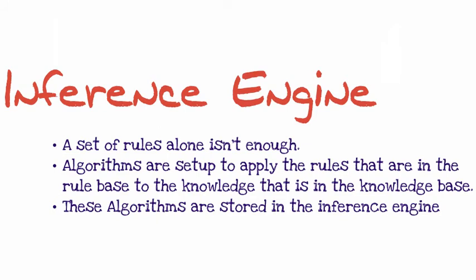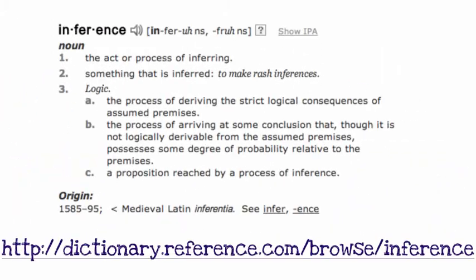So we need algorithms within our computer system to apply the rules. If algorithms are logic, which is inference, and you remember that inference is another word for logic, then we can have the inference engine. That might be one way you can remember it. There might be other ways you can remember it. Have a little think if you can as to how.